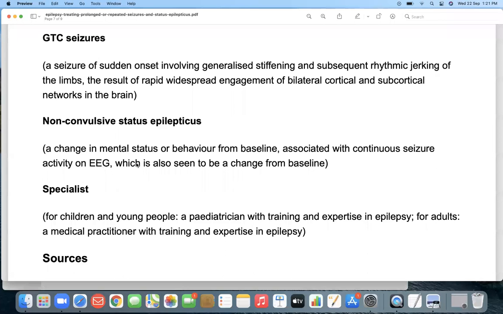The electrical impulses will be recorded on the EEG, but you don't see the child in a state of convulsion. Okay, so for children and young people, a pediatrician with training and expertise in epilepsy is needed.